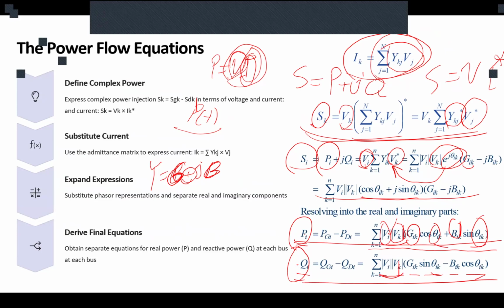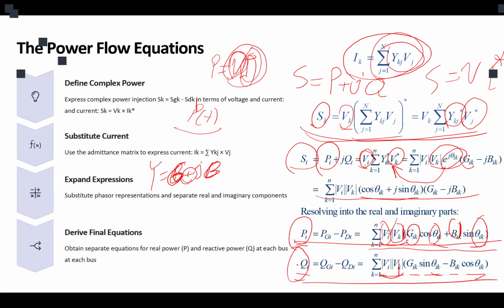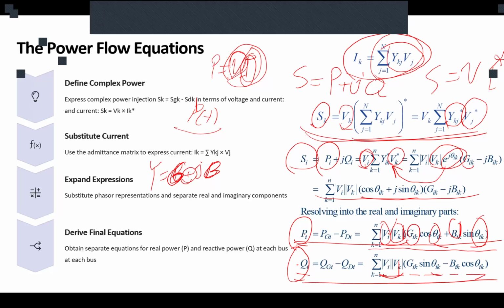Because we already said that P changes with theta, and Q changes with voltage. So here in Q, we shouldn't have this part, and in P, we shouldn't have this part as a variable. Make sense? Now, how is that going to happen?